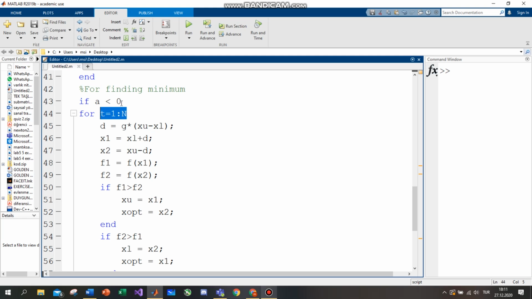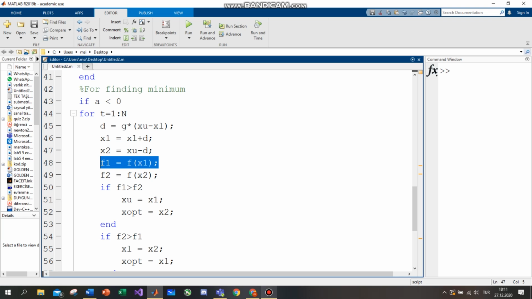For finding the minimum, this is the same. If a is smaller than 0, then it initiates the minimum algorithm. This is the change ratio.